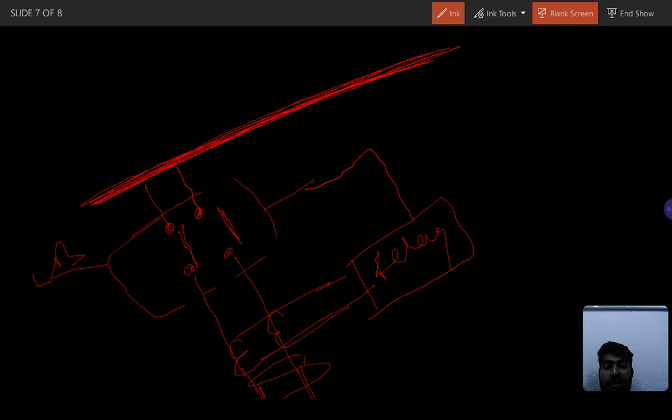If the current exceeds the limit, say 2 amps is normal and 2.5 amps occurs, that CT will energize, and the high current will be sensed by this relay. This relay will send the signal to the circuit breaker. Initially this is in closed position. Automatically it will open. Likewise it will operate.